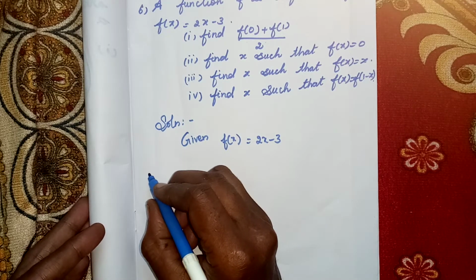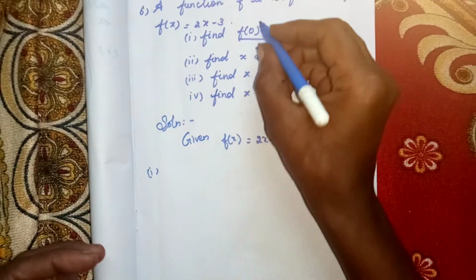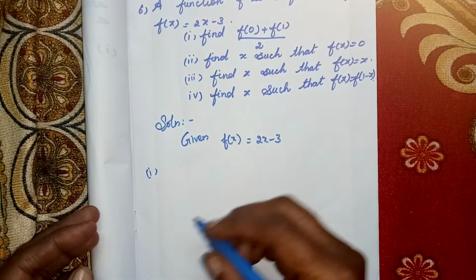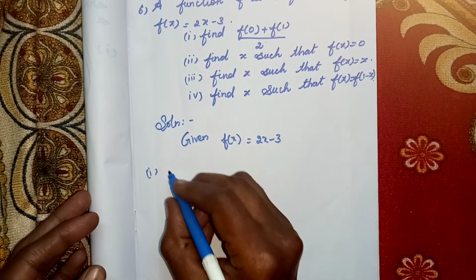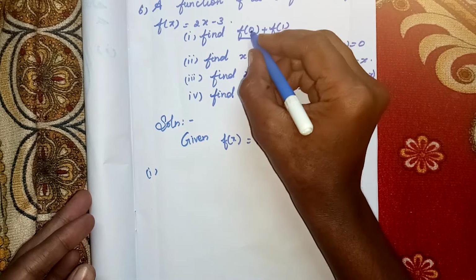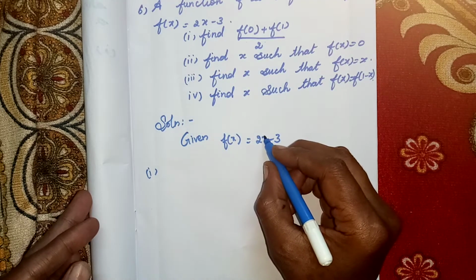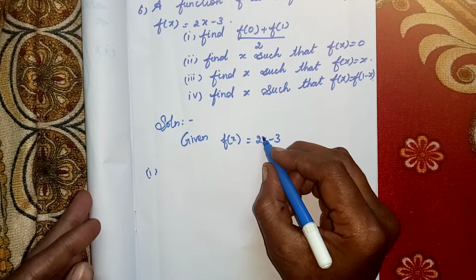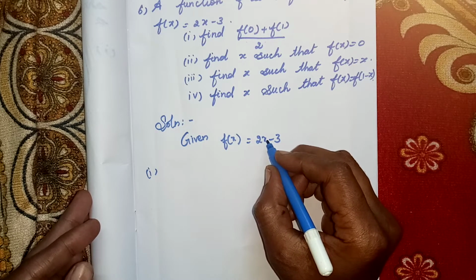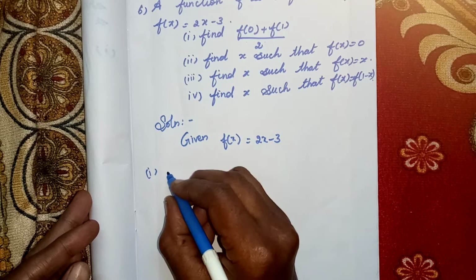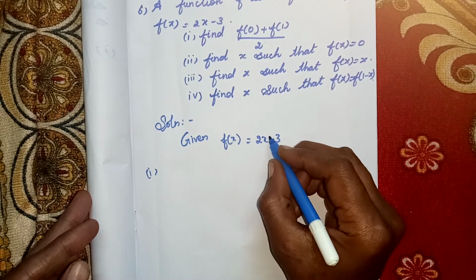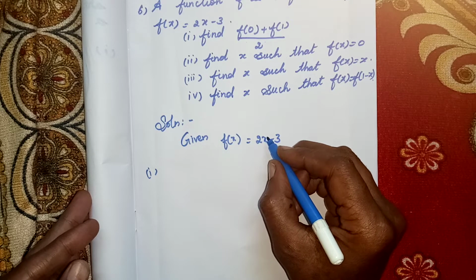For finding that, first we have to find f(0). Listen, x = 0. In place of x, you have to substitute 0. How to find f(0)?